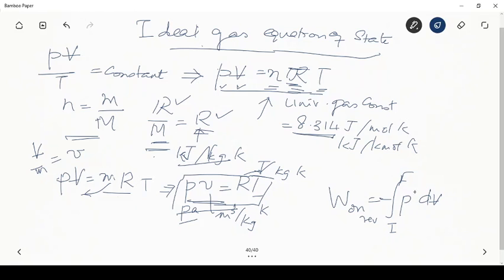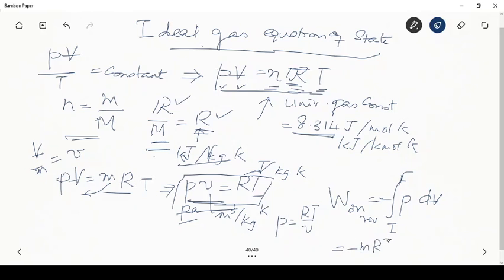Okay, so this is the expression that we would have. In this case, I'll be able to express this P in terms of V using the equation of state. P is equal to RT by v, and this V is m into small v. So if I take out the m, then I get minus m, and this RT is also constant.